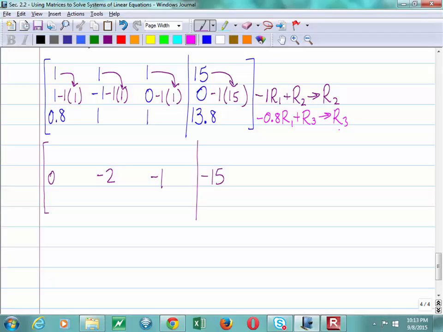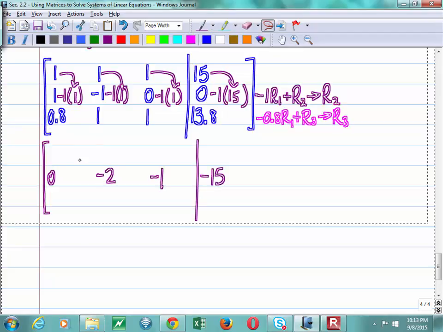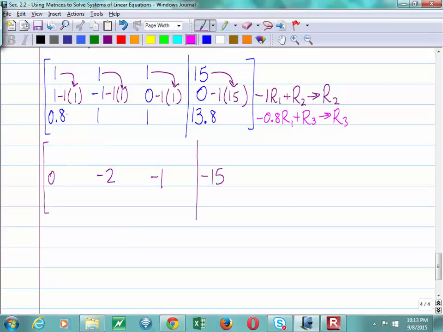Okay, so this is going to be minus 0.8 times 1, minus 0.8 times 1, minus 0.8 times 1, and minus 0.8 times 15.